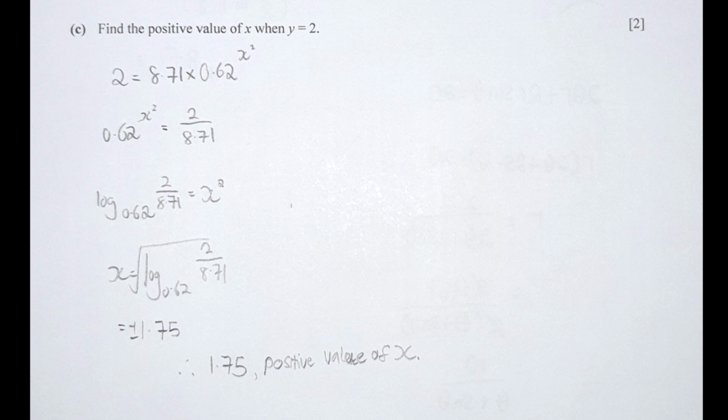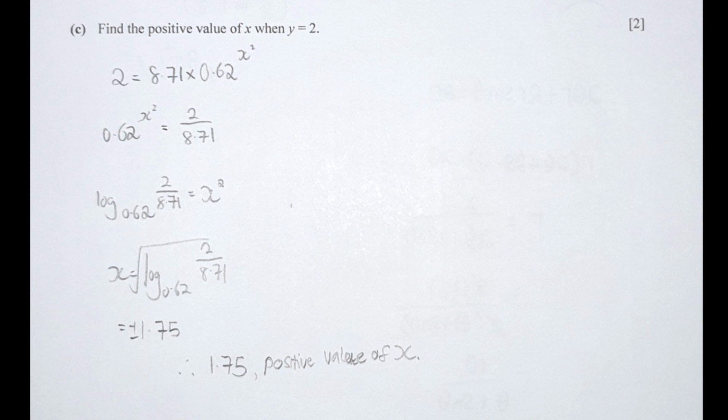I rearrange this into a logarithm with a base of 0.62, and the result of 2 over 8.71 equals x squared. So your x final result will be the square root of log base 0.62 of 2 over 8.71. This will get you plus minus 1.75.